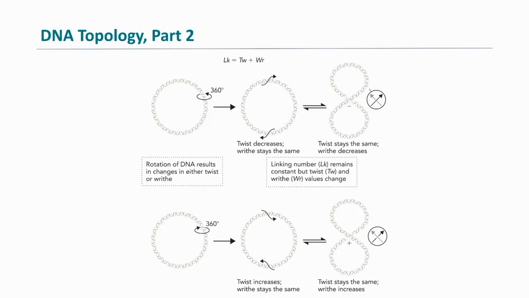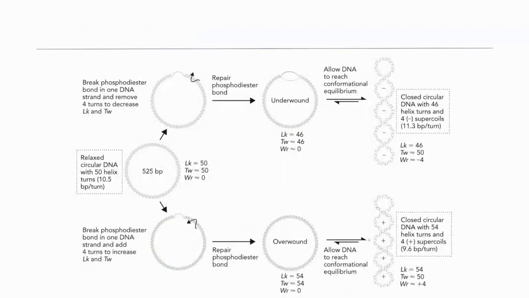And now this is right-handed, so it's a negative supercoil, right? So you see that when you rotate the DNA, you introduce this negative supercoil. This is counterclockwise, and then negative supercoil plus positive clockwise, the clockwise turn gives you the positive supercoil. Okay, the twist stays the same, the writhing number increases, right?